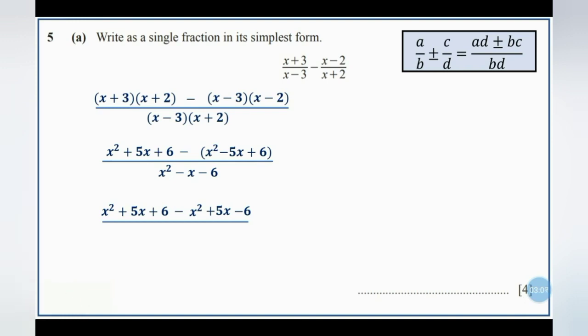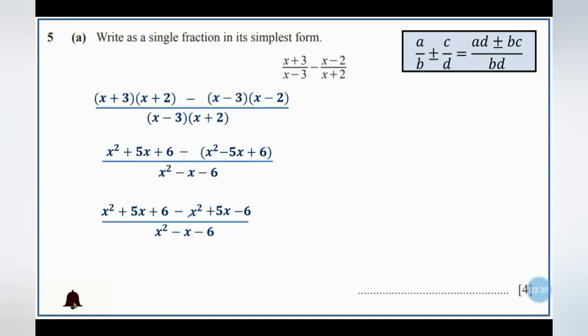And then I will divide that by x squared minus x minus 6. Next thing to do is to combine similar terms. You will notice that x squared minus x squared is 0, so I can cancel that out. 6 and negative 6 is 0 when you combine them. Then I have 5x and 5x, which is 10x.